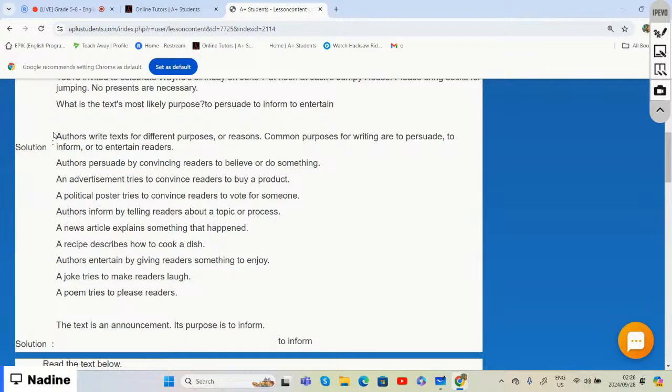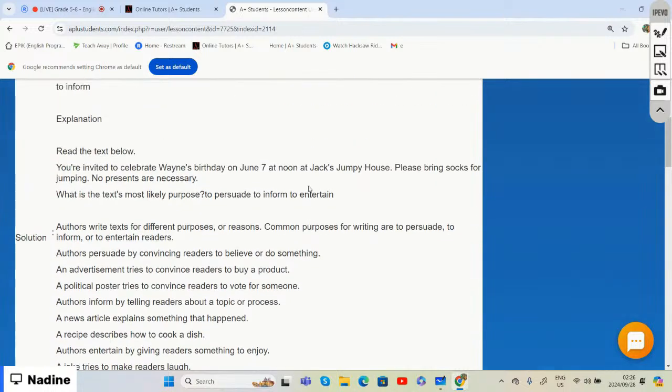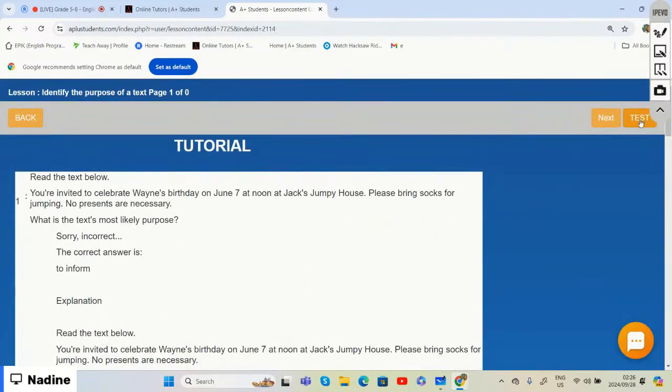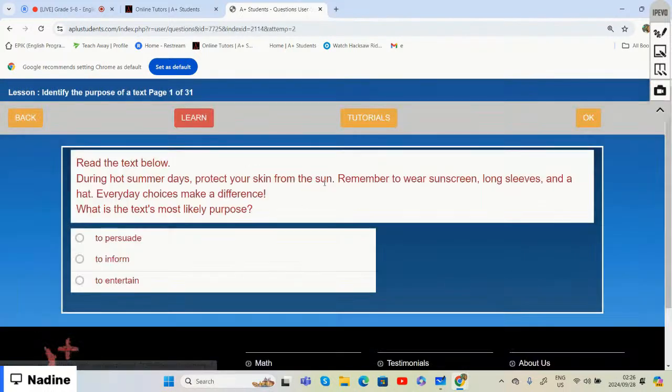Entertainment is jokes or poems, something that you enjoy. Information is like your magazines and newspapers, and persuading is like your advertisements and posters. Now we're going to the test.